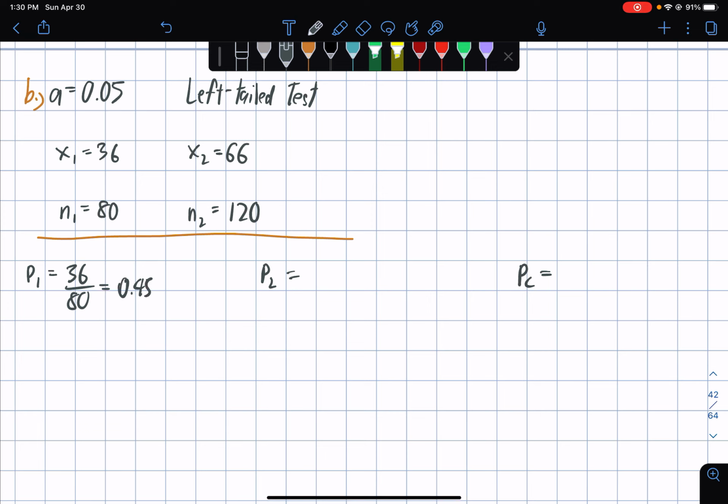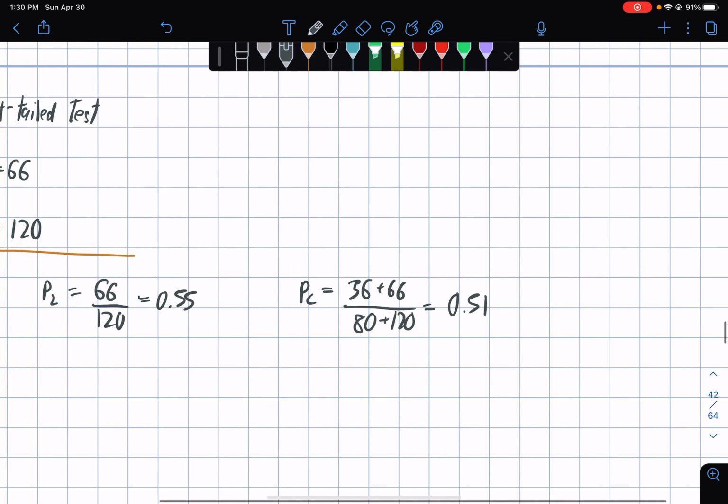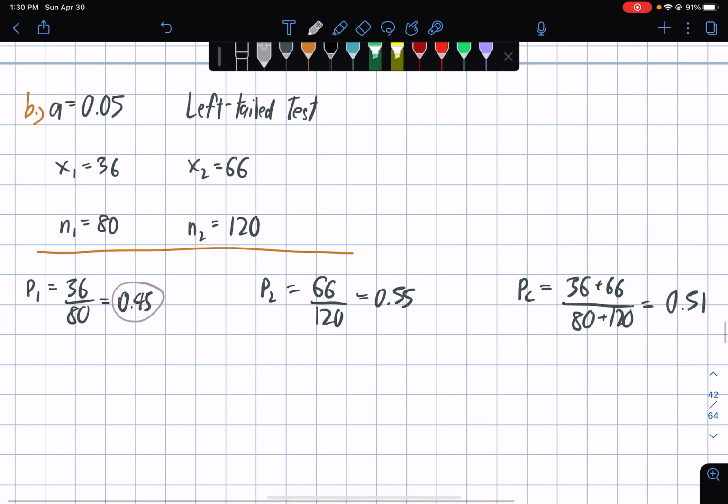For P2, we have 66 over 120, x2 over n2, that is 0.55. For PC, we have x1 plus x2 over n1 plus n2, which is 0.51. These are the three variables we'll be using for the ultimate formula.